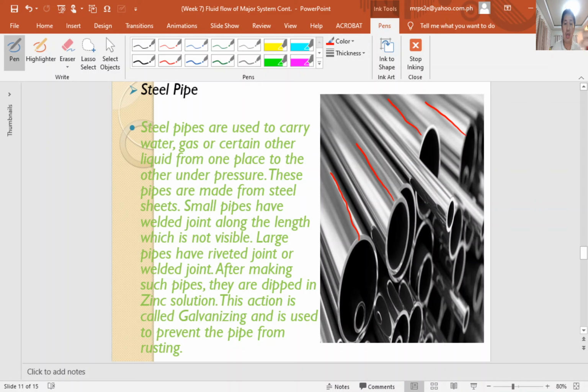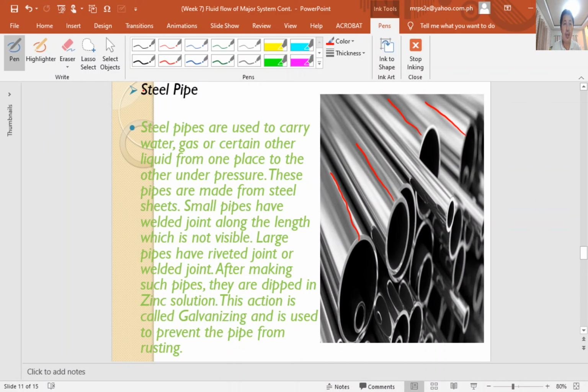They are not visible, but in the fabrication they are welded through the length.